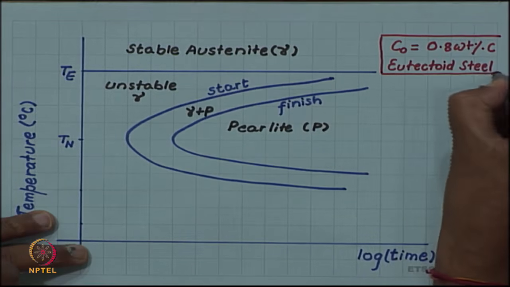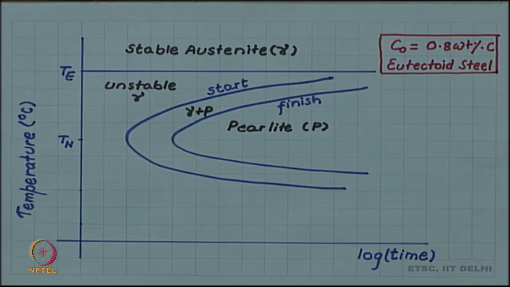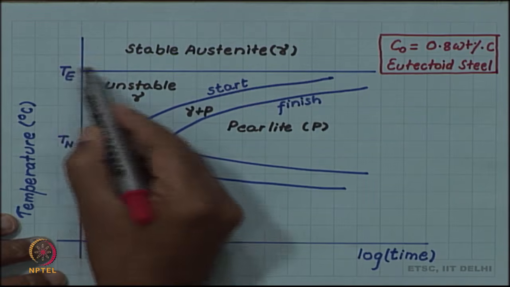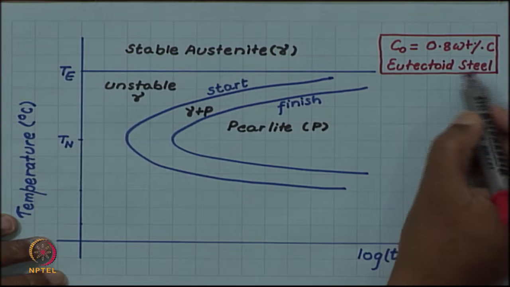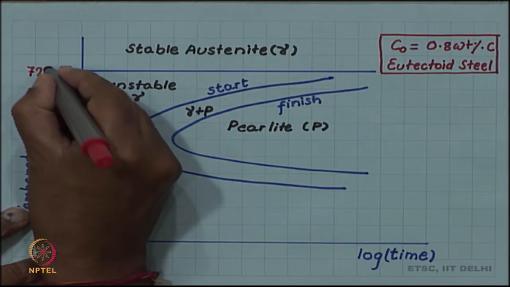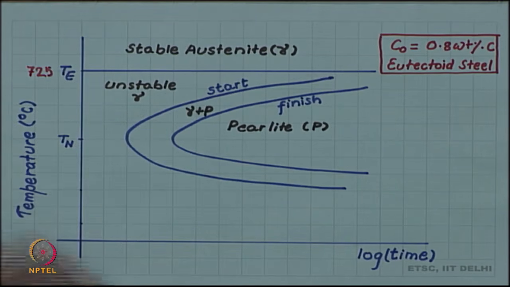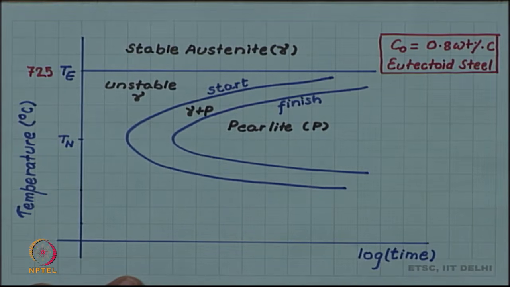This has to be kept in mind, because we have lost the composition axis, the x axis of the phase diagram. So, this eutectoid temperature Te is the transformation temperature for the eutectoid steel, and that we know is 725 degrees Celsius. So, that is the eutectoid temperature above which you have stable austenite.